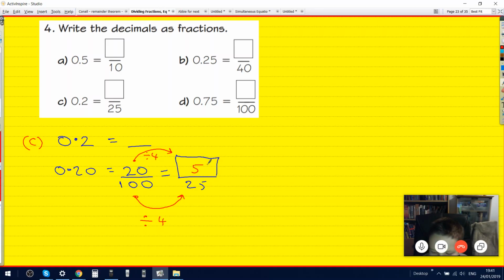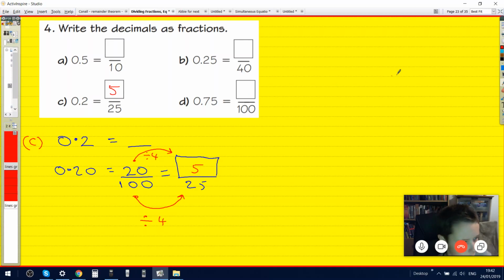Well done. Because we're now doing the reverse, we have to divide the top and bottom. 0.2 is the same as 0.20. That is 20 over 100. And then we divide and it's 5 over 25. So we're now doing things in reverse, which is always more difficult.